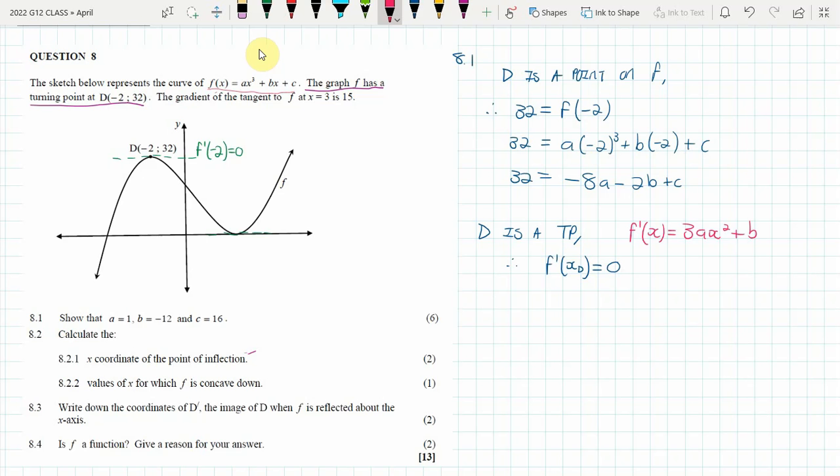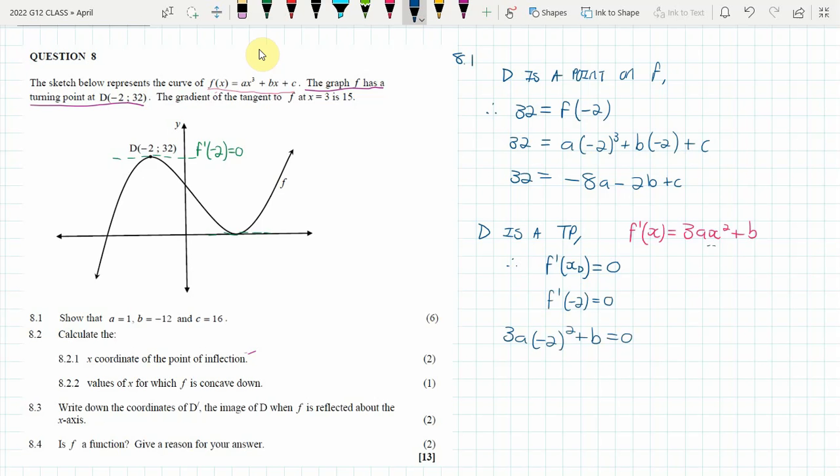The x coordinate of D is -2. So this means f prime at -2 is equal to 0. But what is f prime at x equals -2? We can come up with the expression using that equation. We're gonna have 3a into -2 squared plus b equals 0.